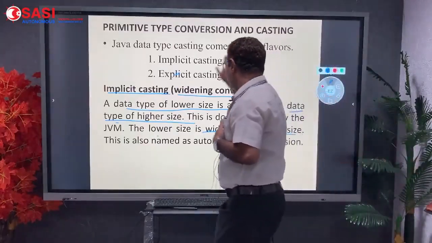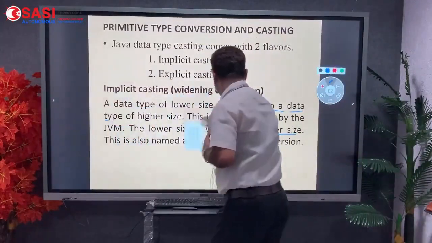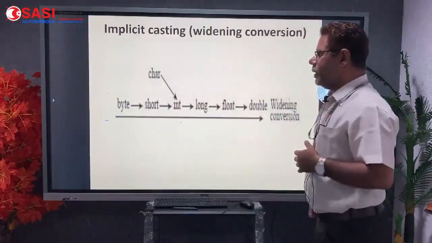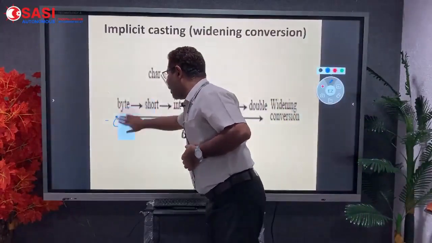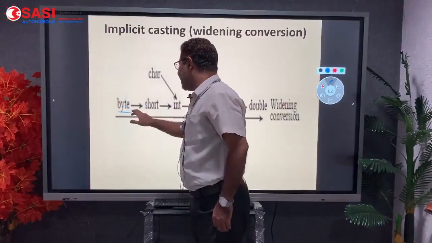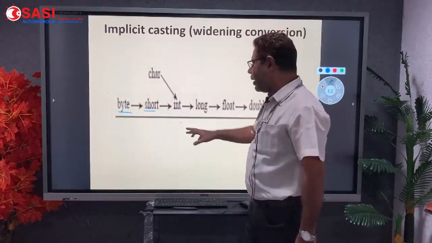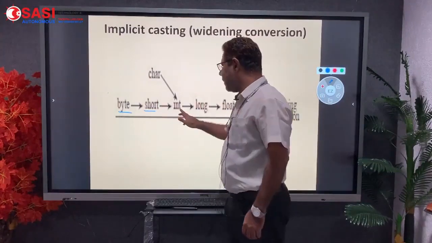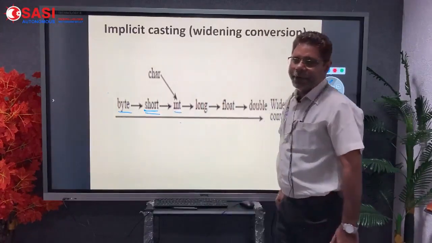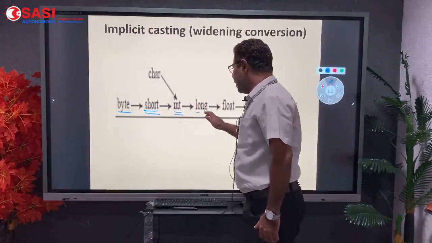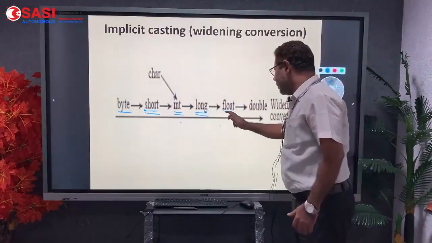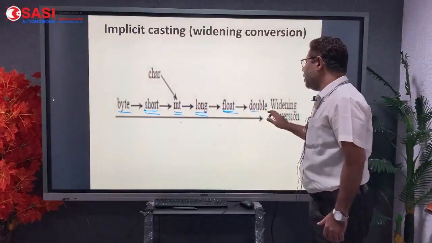We can see a diagram. Here, byte is the lower size compared to short, so byte is converted into short. Similarly, short is converted into int, int is converted into long, long is automatically converted into float, and float is automatically converted into double.